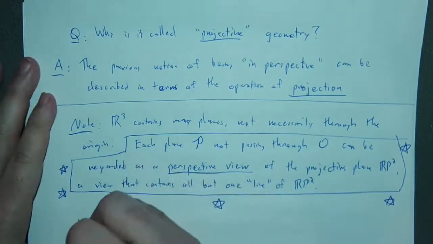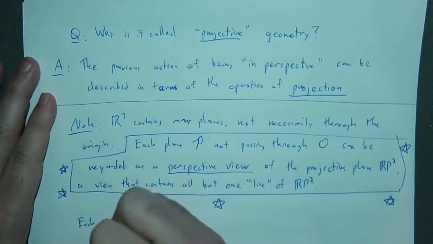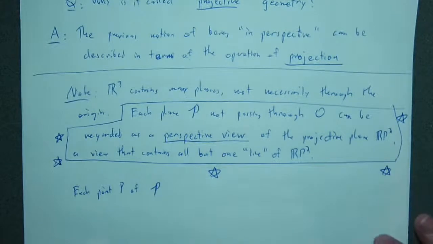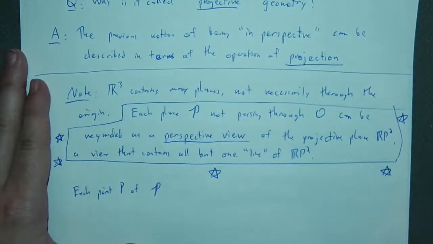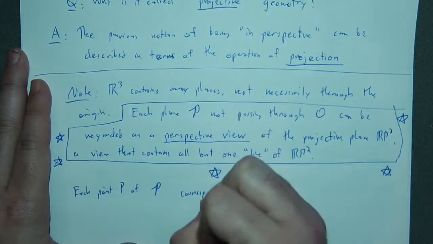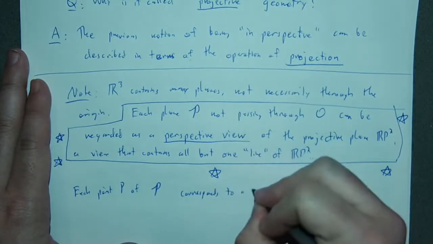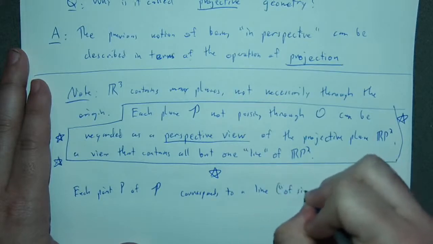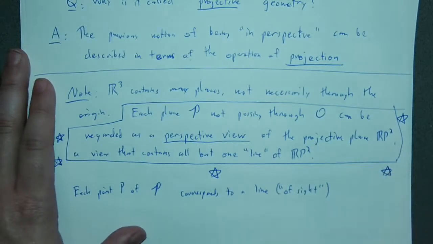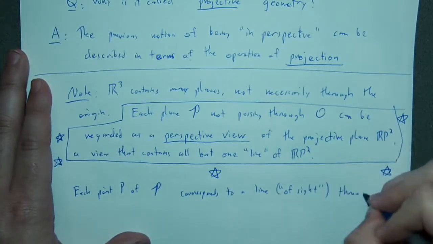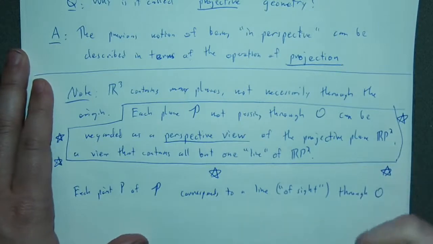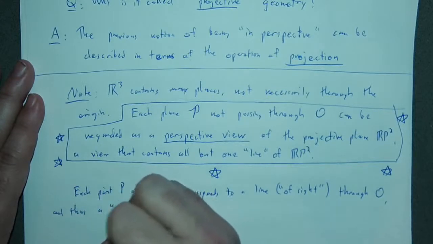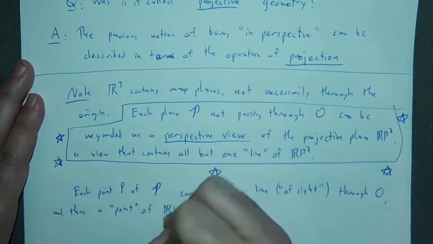So each point P of my plane not passing through the origin, script P, corresponds to a line of sight, you can think of, through the origin. And thus, a point of RP2.